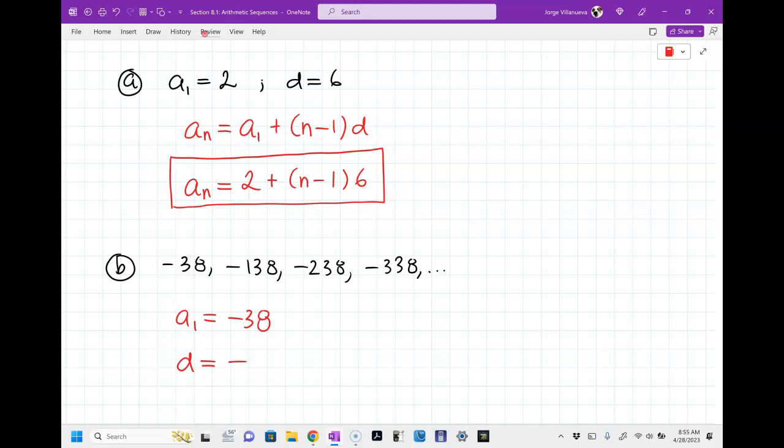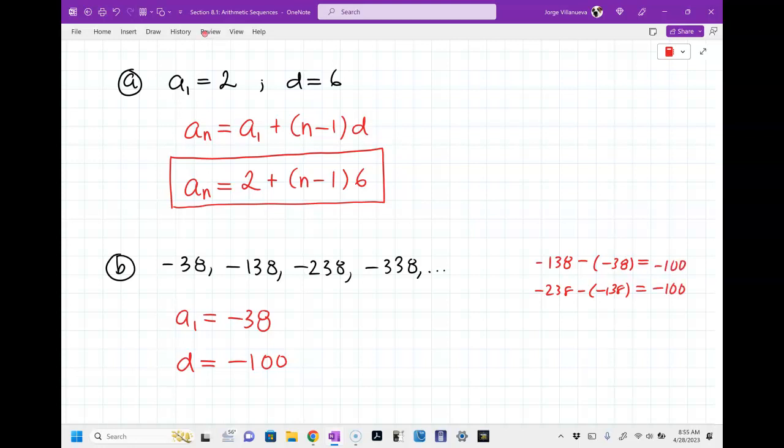Negative, so my common difference is negative 100. Now, if you're like, well, I don't know how to figure that out. Again, you guys have calculators, but if you're not sure, just do negative 138 minus negative 38. That's negative 100. If you do negative 238 minus negative 138, that's negative 100, not positive. This will also be negative 100, right?